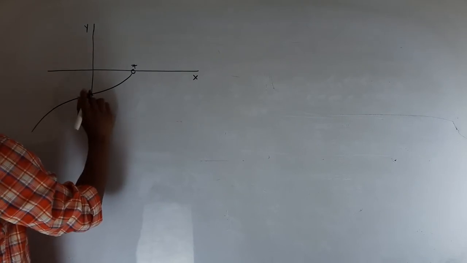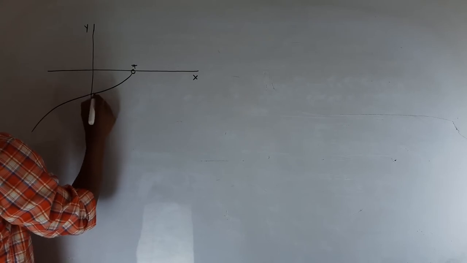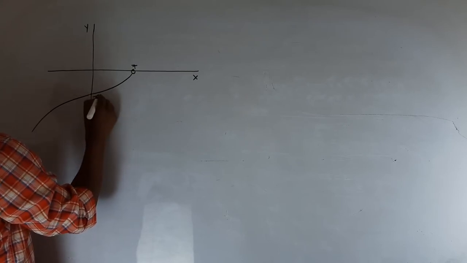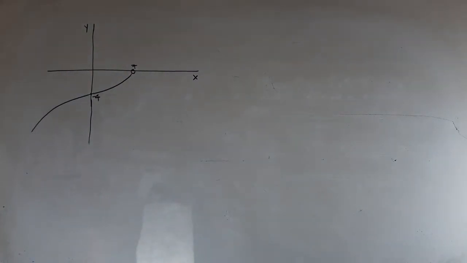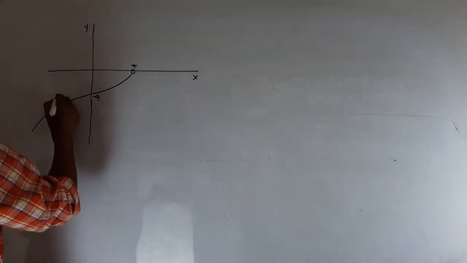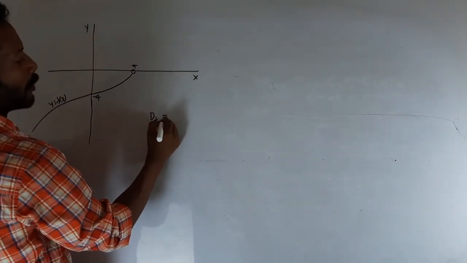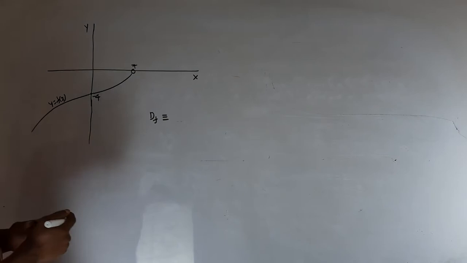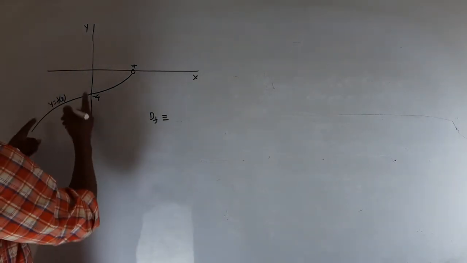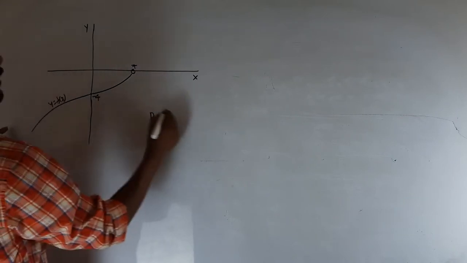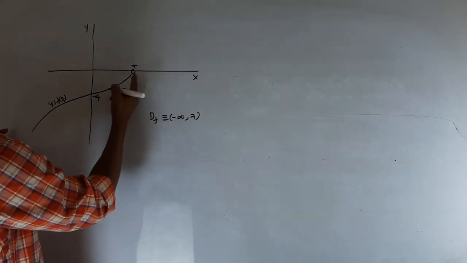This point is -4. Okay, this is the graph y equal to f of x. What is the domain of this graph? Domain is the portion of x-axis which is covered by the graph. So minus infinity to 7, open interval.